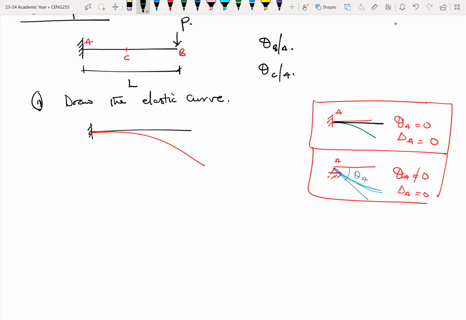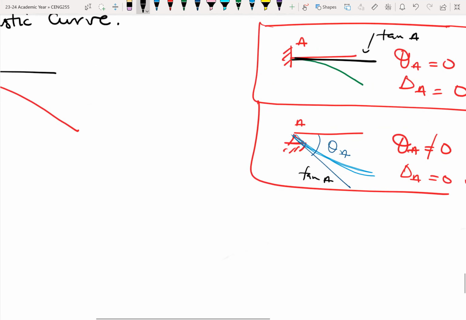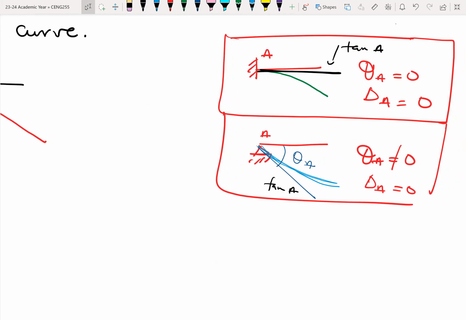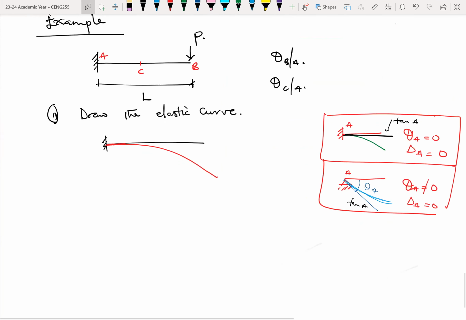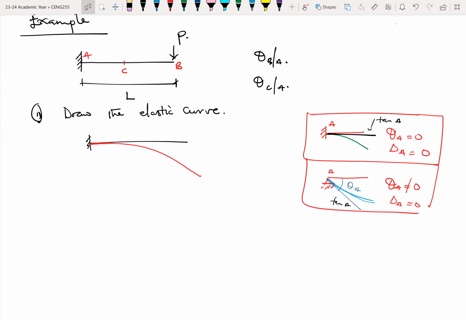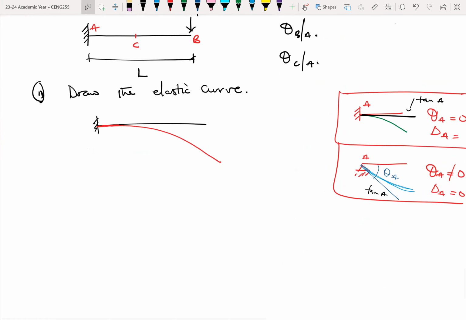So let me call this tan A, tangent at A, and this is also tan A. But because of the different support conditions, the fixed support would have no rotations, whilst the roller support or the pin support will have rotations. So that's just to explain the elastic curve. And once we draw the elastic curve, the next thing would be to draw the respective tangents.